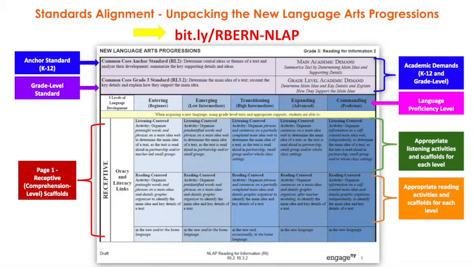So for example, the reading-centered activity for entering says organize pre-taught words and phrases on a main idea and details graphic organizer. So they're doing a very similar task to the listening-centered activity, but now they're organizing that information onto a graphic organizer as they read.